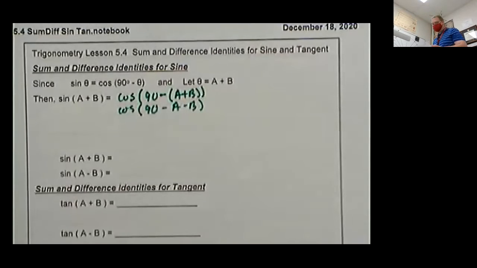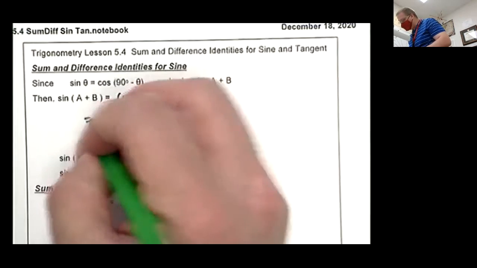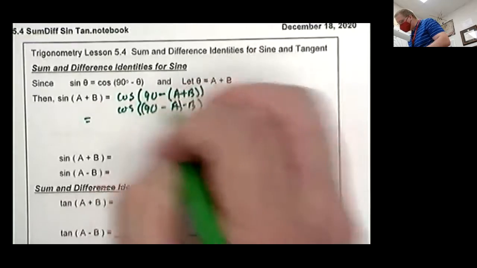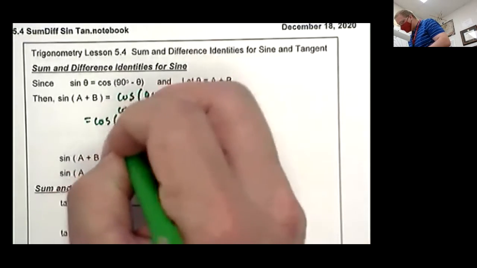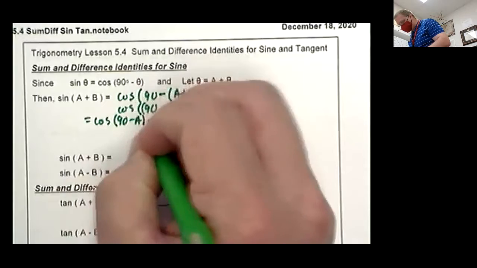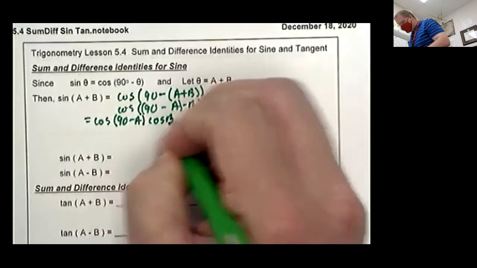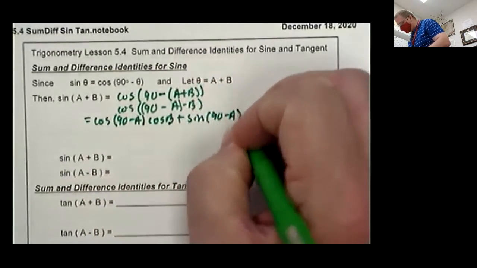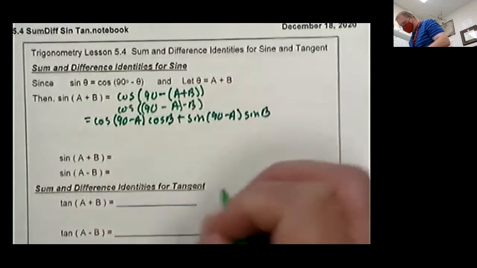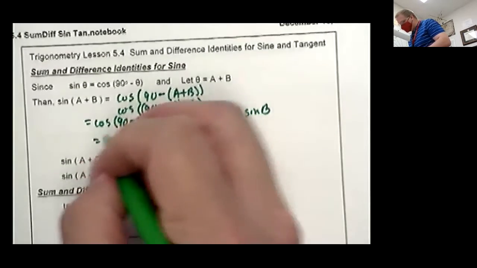Therefore, we can split this up: here's our first angle, minus b is our second angle. So this is cosine of 90 minus a times cosine of b plus sine of 90 minus a times sine of b. And that gives us our formula.